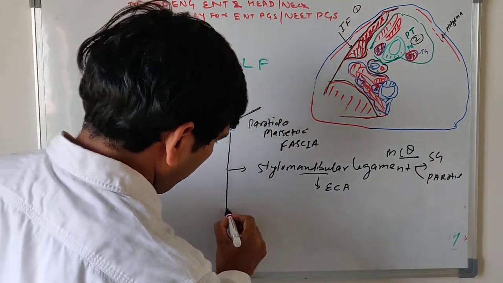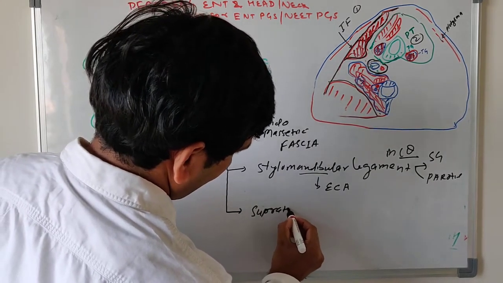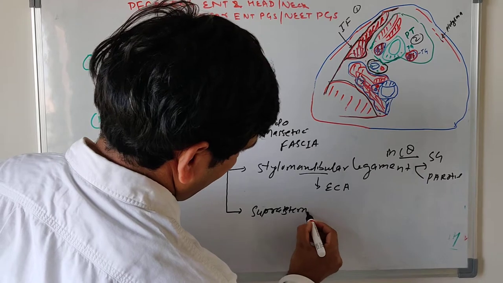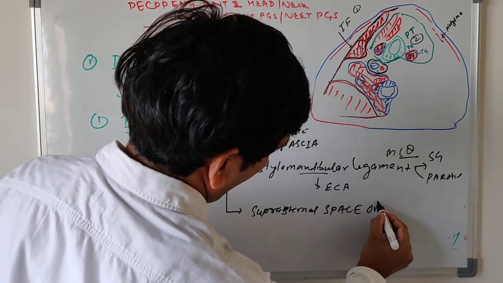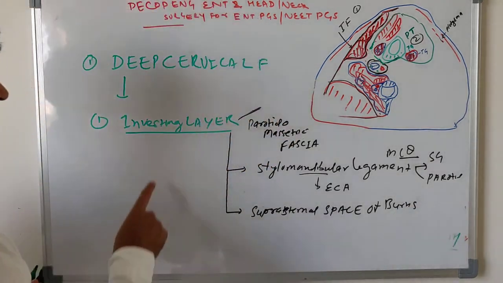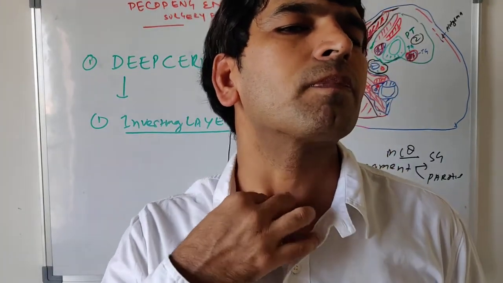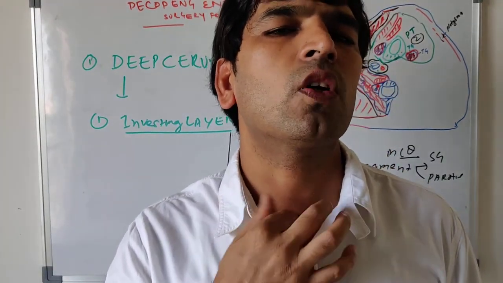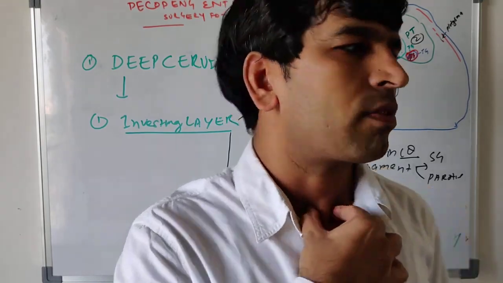Now, below the nape, it forms the suprasternal space of Burns. This investing layer, at the level of the suprasternal notch, lies between the external heads of the two sternocleidomastoid muscles.